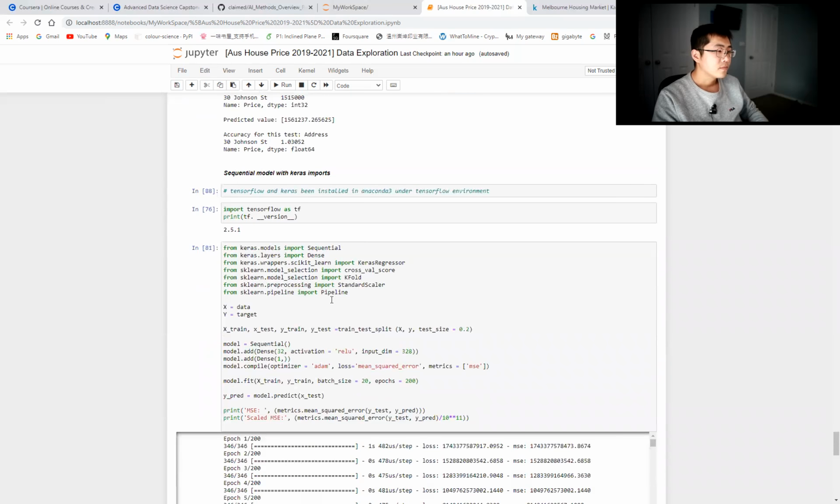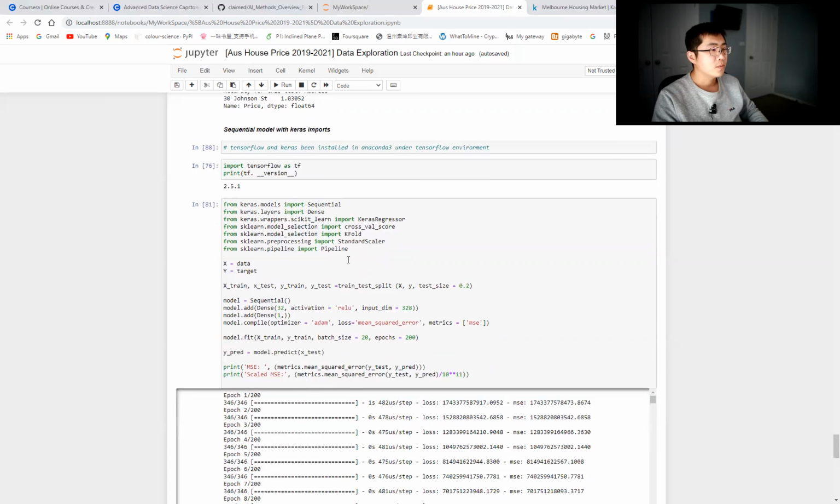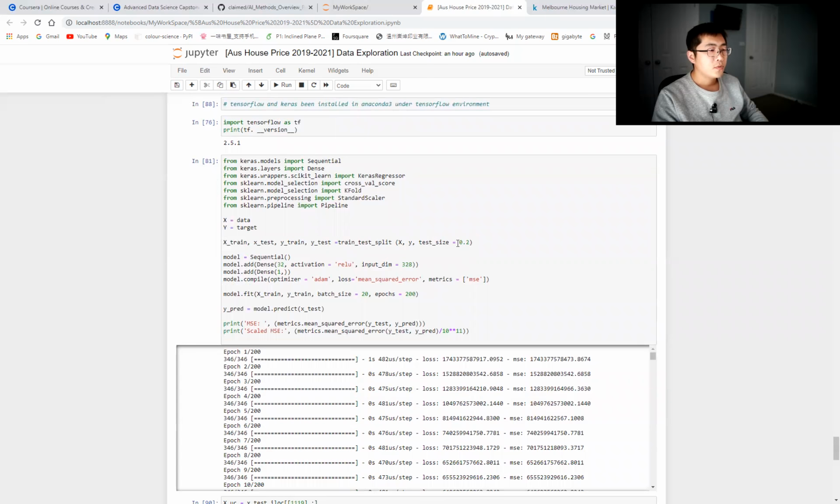That's good. And for the second model, we introduced the tensor and the Keras in the notebook. We introduced the sequential model from the Keras models. Same, we split the data to 80% as the trained data and 20% as the test data.